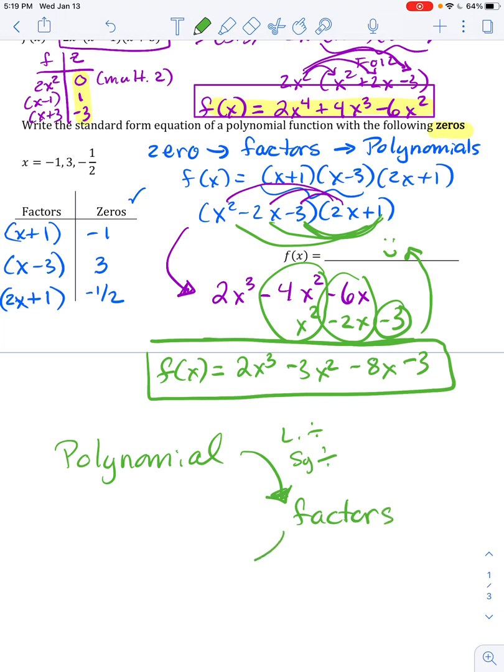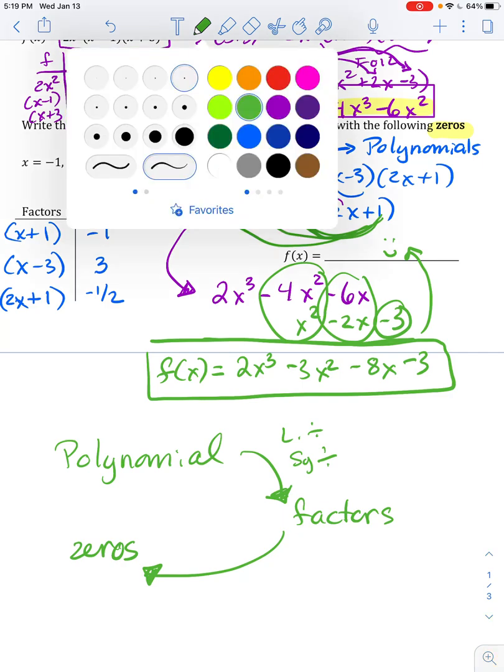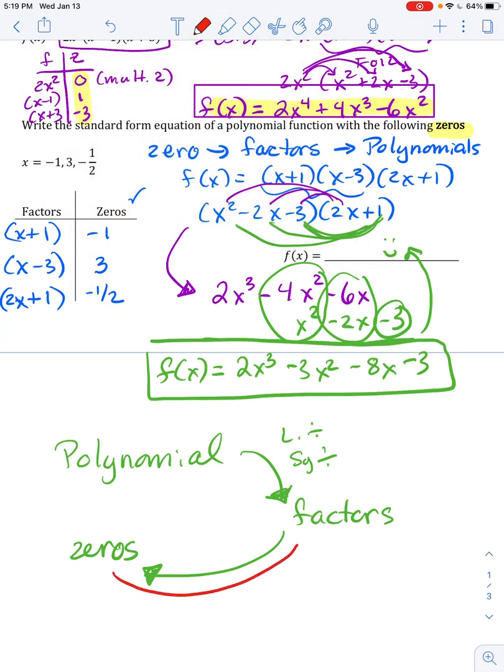And then once I have my factors, I know how to get my zeros by using the property. But I now learned, hey, if you give me my zeros, I'll go ahead and use my zero product property to think of the factors, and then I'll go ahead and use things like FOIL, distributing, just general polynomial multiplication from 5.3 to get back to a polynomial. So you want to be able to move freely between those three things and understand the relationship between them.